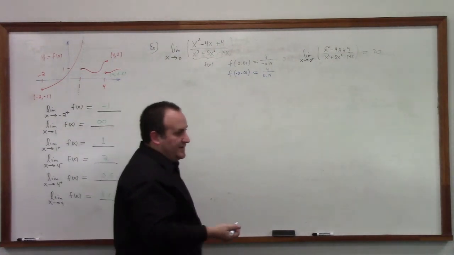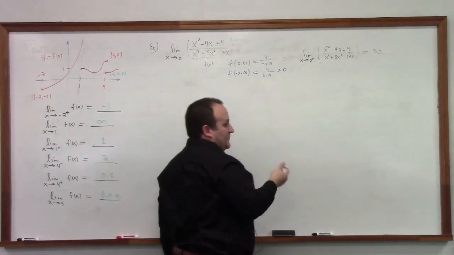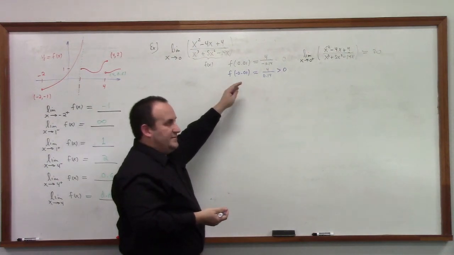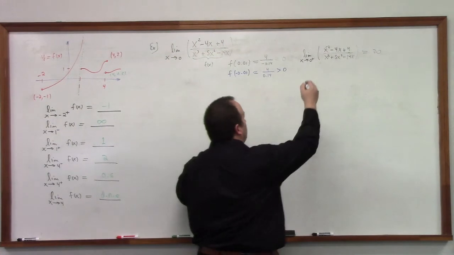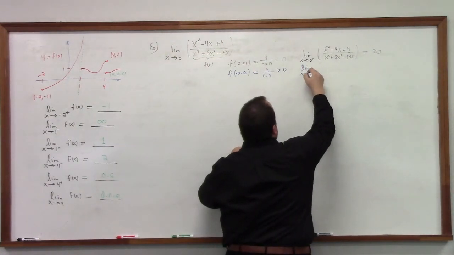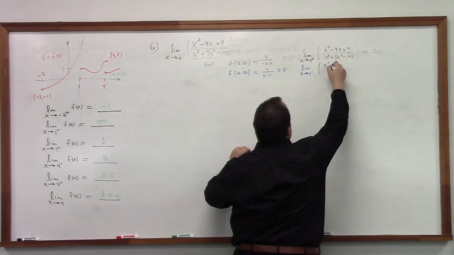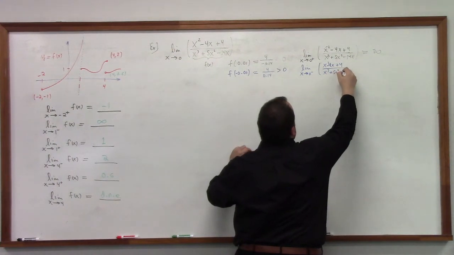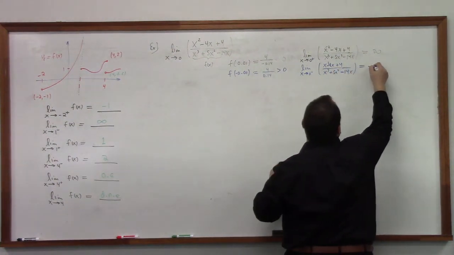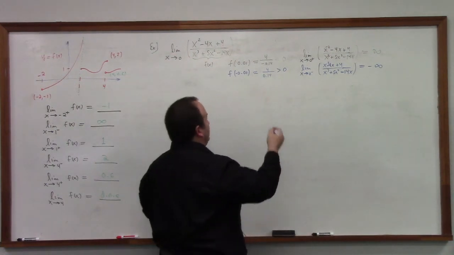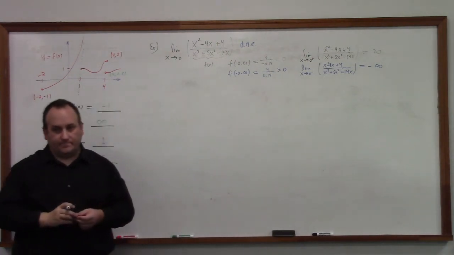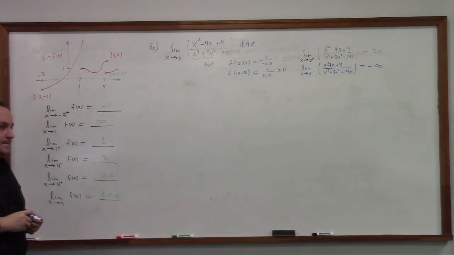You can see that's greater than 0, and it's a large number. We can make it more and more large by taking x closer and closer to 0 from the left. So the limit as x approaches 0 from the left of this is infinity. So in this context, what do we say? We say that this does not exist. You might be tempted to write plus or minus infinity, but we don't write that.